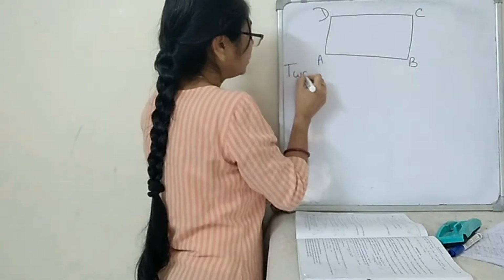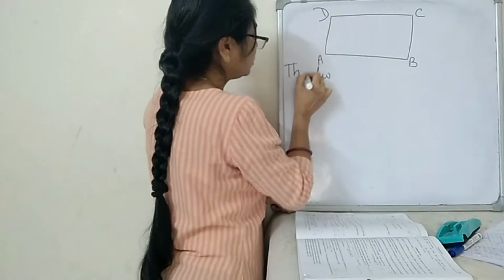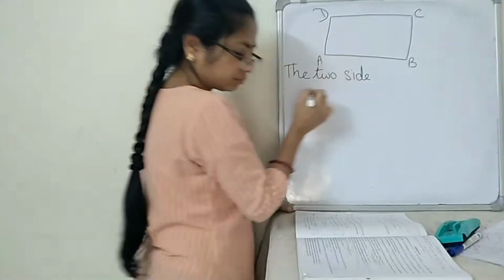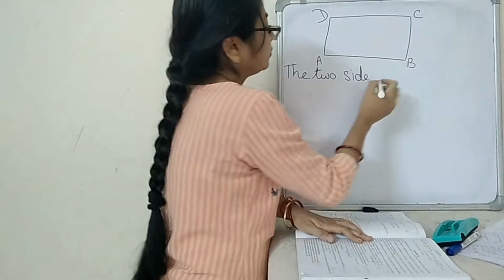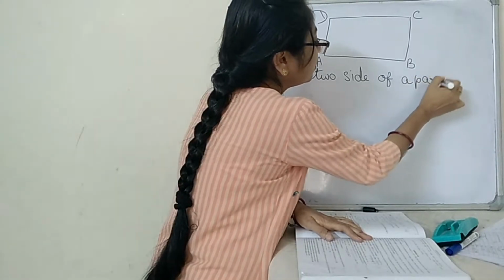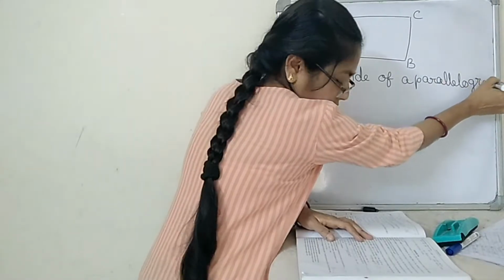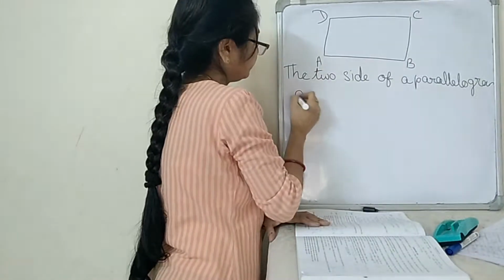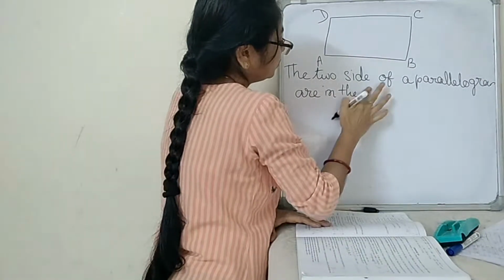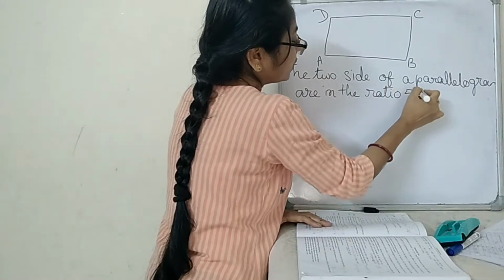The two sides of a parallelogram are in the ratio 5:3.